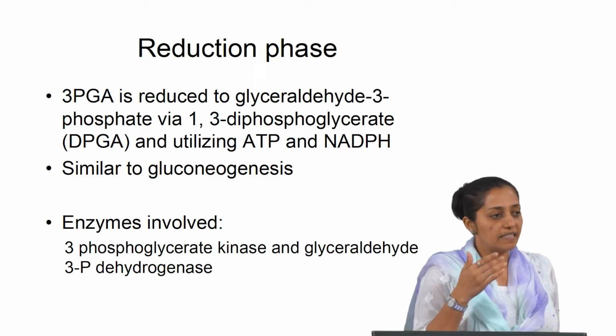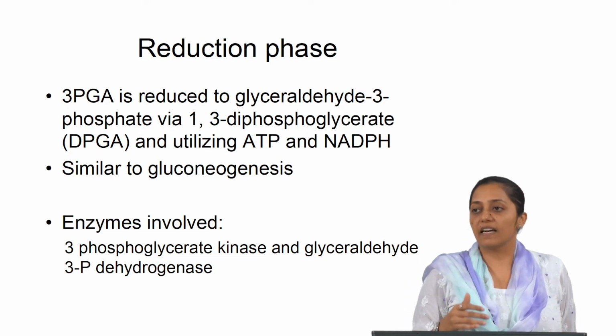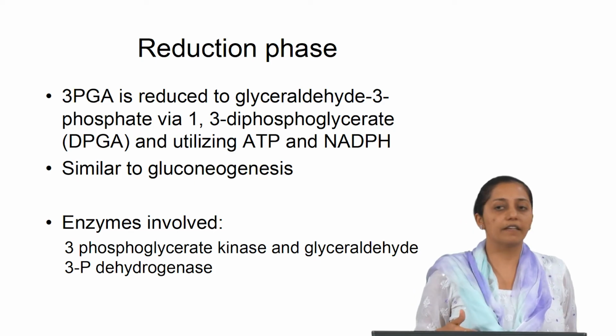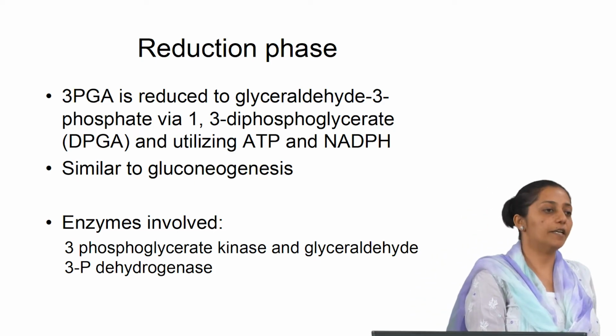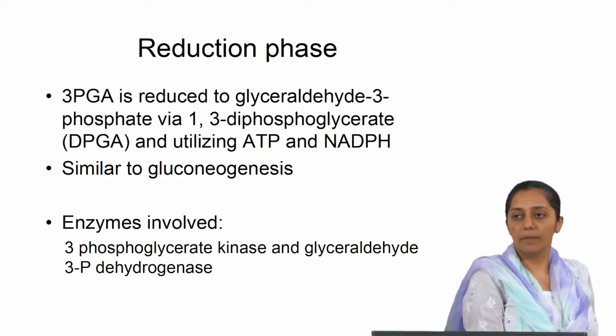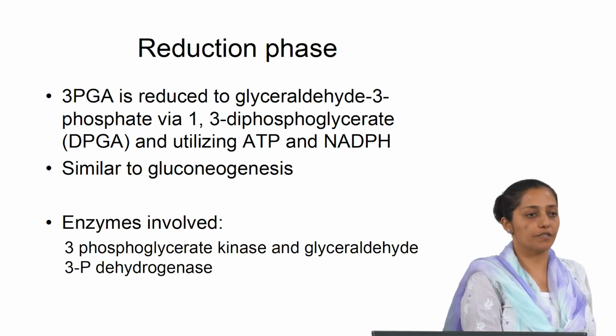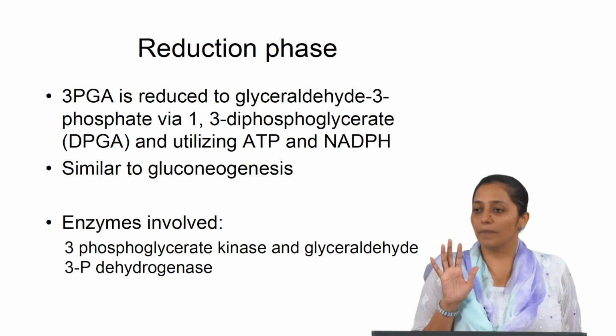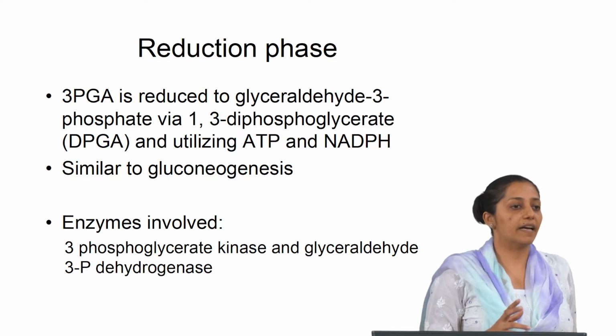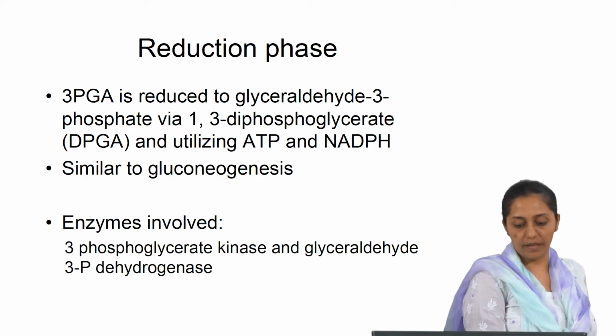Glyceraldehyde 3-phosphate can then give you sugars, and ATP and NADPH are needed to reduce PGA to glyceraldehyde 3-phosphate. The enzymes involved are what? 3-phosphoglycerate kinase, these are the major enzymes, and glyceraldehyde 3-phosphate dehydrogenase.